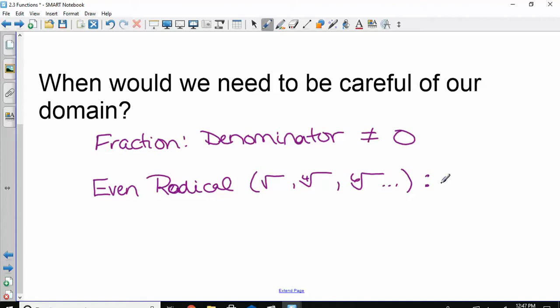If we want a pretty answer, it does. Right, has to be positive. Whatever is underneath, we call that the radicand, has to be greater than or equal to 0.